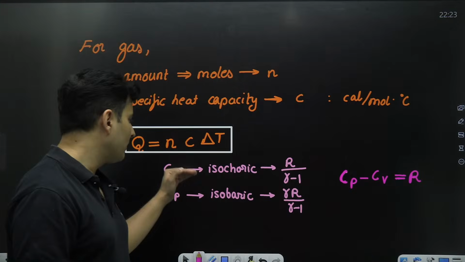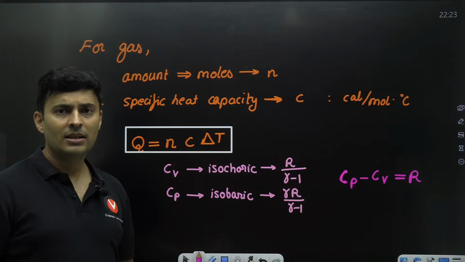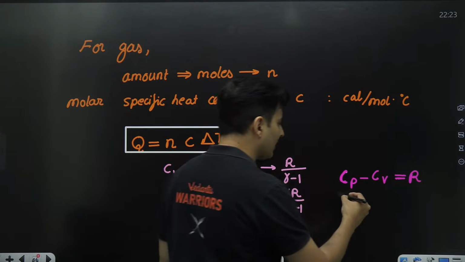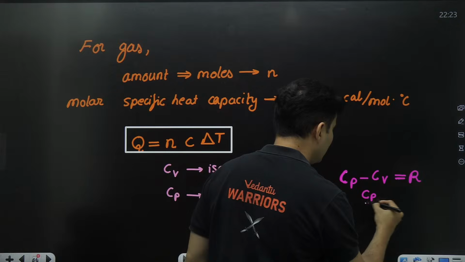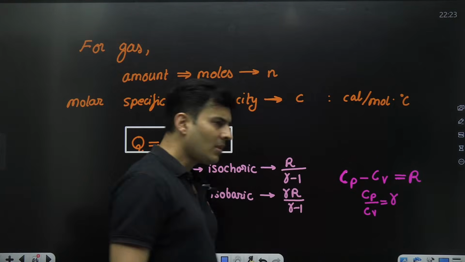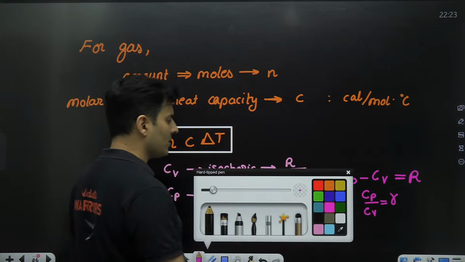Cp is always more than Cv for a gas by a value of R. And if you take the ratio, Cp divided by Cv, that exactly is gamma, the adiabatic ratio or specific heat capacity ratio for constant pressure and constant volume.